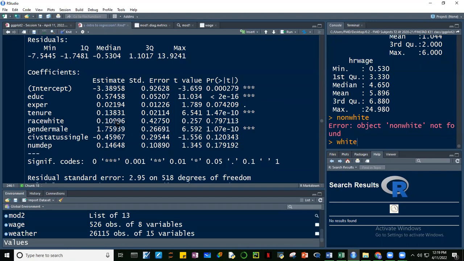Now, what's the meaning of this? What does this race white mean? What's the meaning of gender male? What's the meaning of civil status single? So what does this mean?